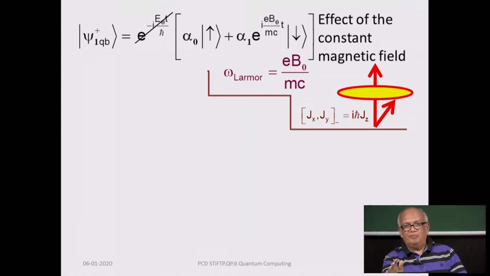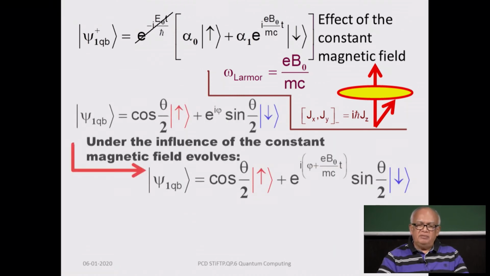So they are not compatible. Okay? So there is a quantum uncertainty between them, which is represented by this commutator [jx, jy] equal to i h cross jz, and this is the algebra, the commutation algebra, which governs the dynamics. But this is a good representation. It is a useful representation of using this precession. Okay? And this precession is taking place at the Larmor frequency, which is eB0 by m times c, right?